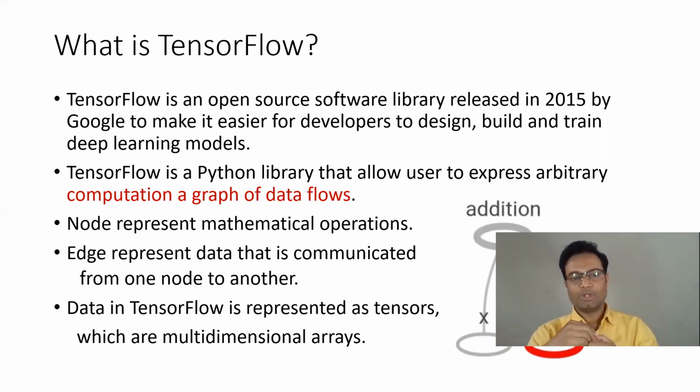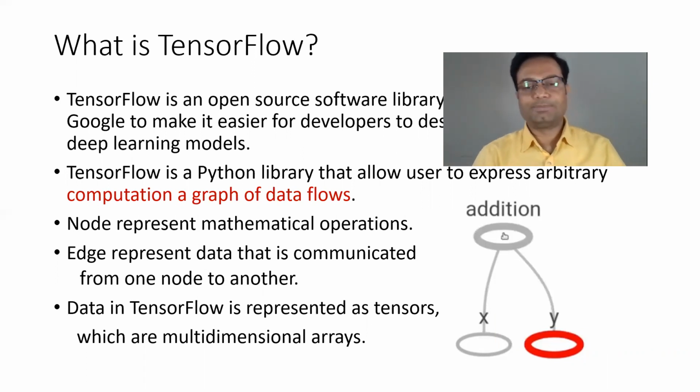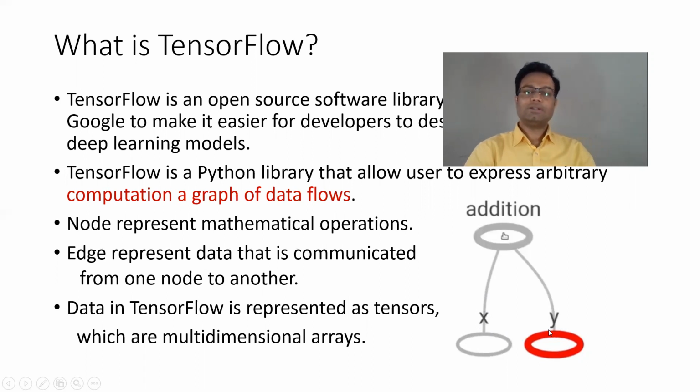If you see this very simple graph, each node represents a mathematical operation, like addition, subtraction, multiplication, or any kind of mathematical operation required for creating the machine learning model. And the edge represents how the data flows from one node to another node, and this is the input data in the form of x and y, and all the data in TensorFlow is represented as a tensor.